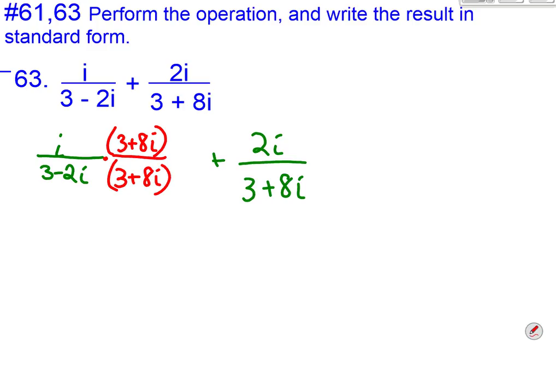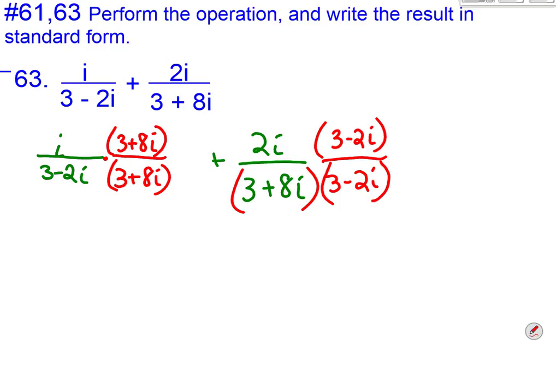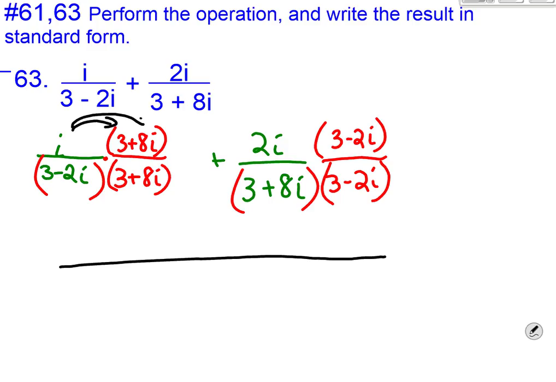I'm not going to be as fortunate as in the last problem where I had the conjugate pairs. This one will be 3 minus 2i over 3 minus 2i. I'll put some extra parentheses here so I can FOIL that out. On the bottom, I'm going to end up with the same denominator, so I'll multiply that. On the top, I'm going to distribute, so I get 3i plus 8i squared.